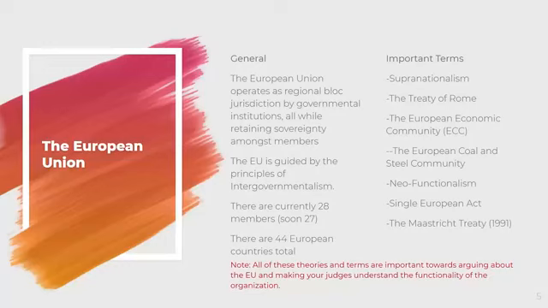So now that we've checked that, we need to look at some important terms. I believe the first important term that we should go over is supranationalism, and that's another theory. The theory basically states the view of European integration that emphasizes the powers the EU has gained over nation states so that it can compel them to act in certain ways.